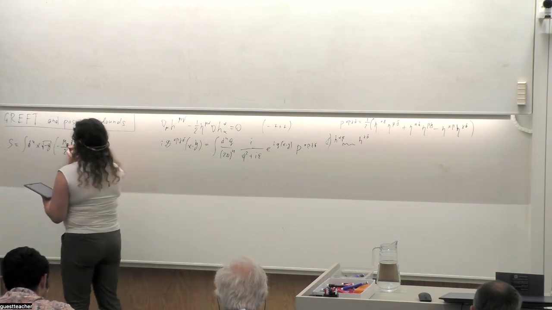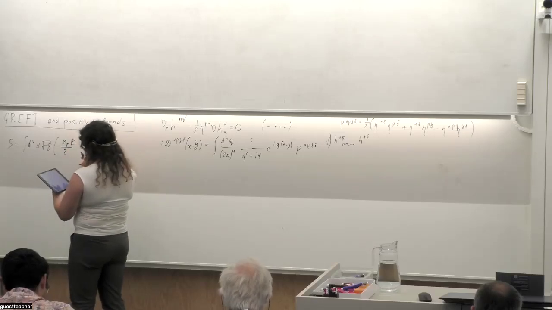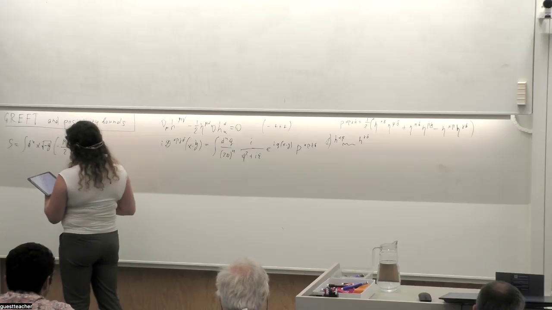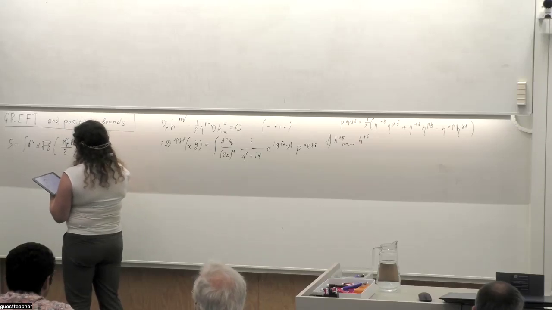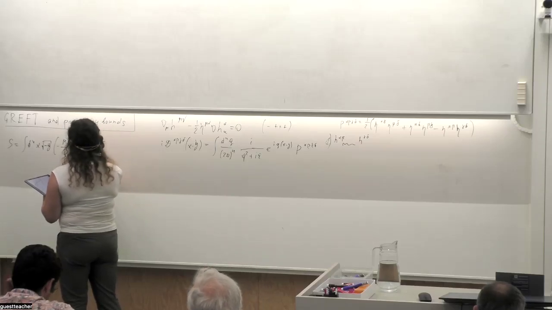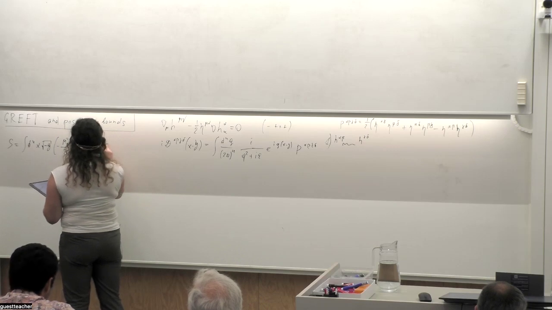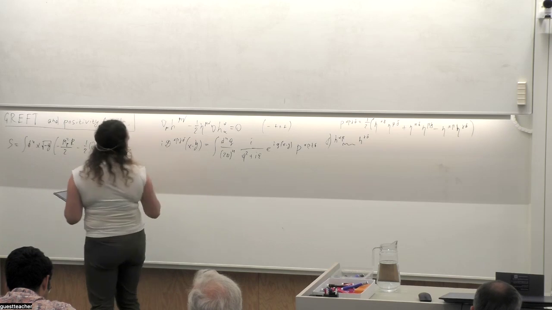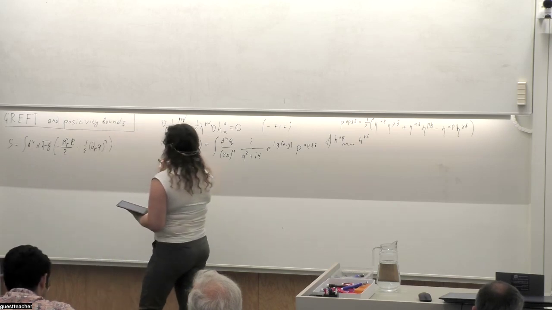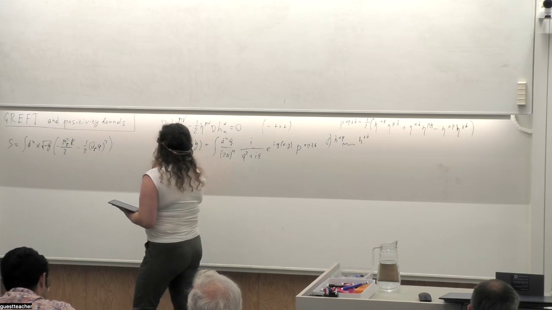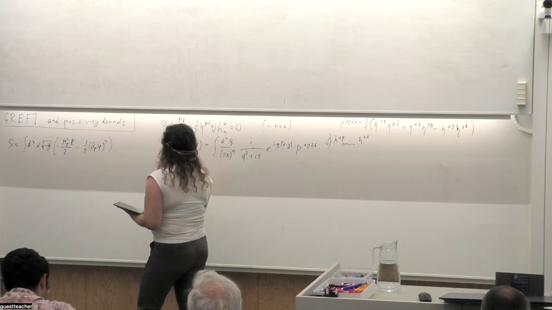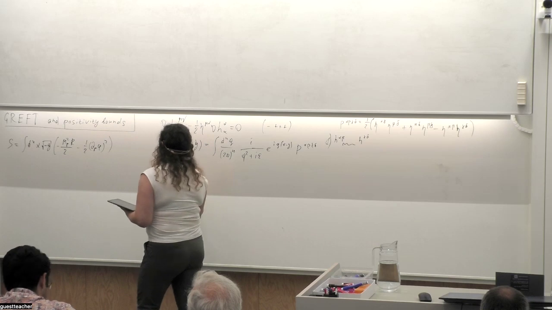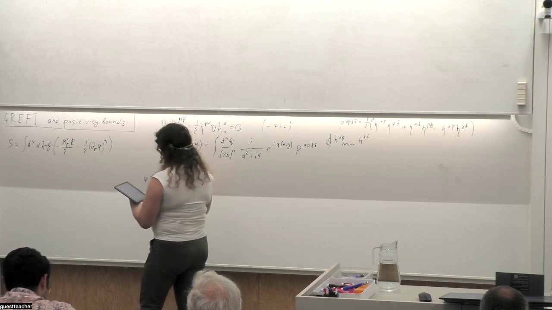Here I put the Planck mass squared instead of the kappa constant, minus 1/2 (∂_μ φ)². And I want to find a vertex between the graviton and the scalar field. So I need this 3-point interaction, φ φ h_μν.